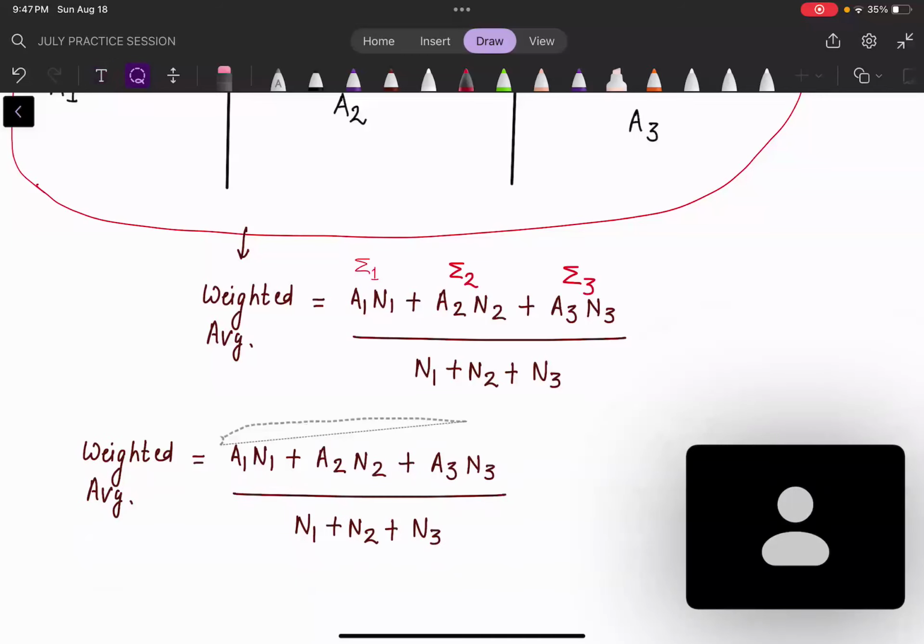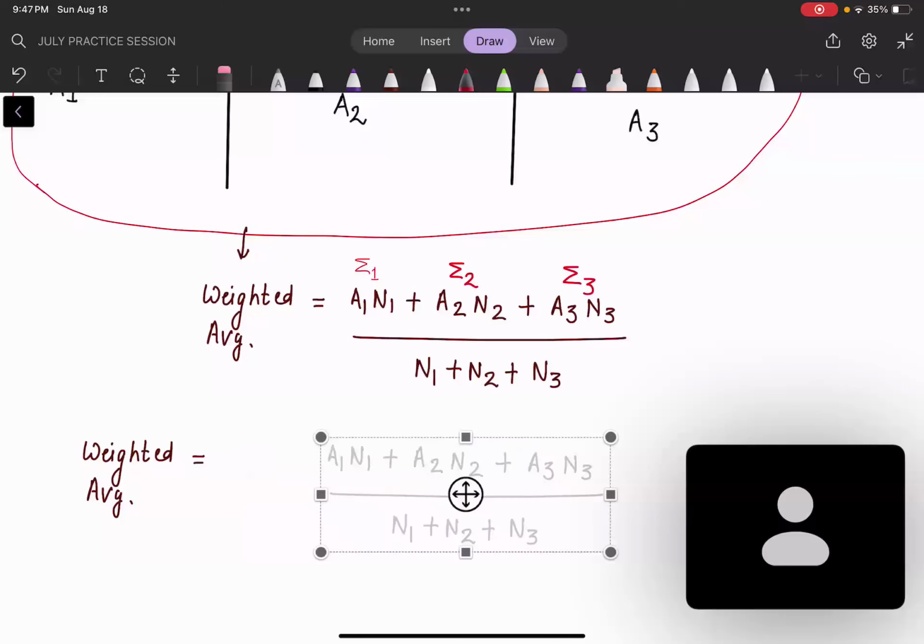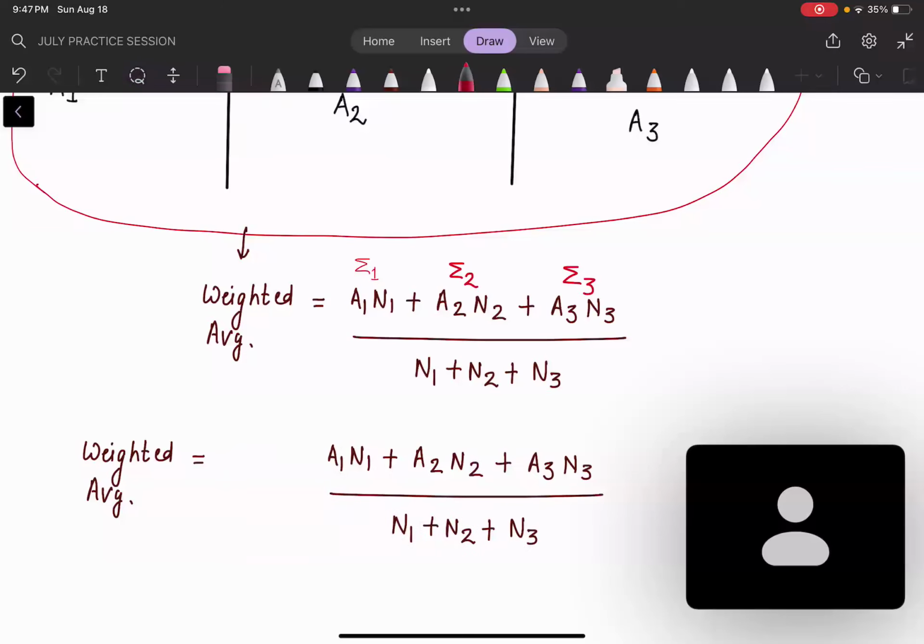So what we will do is apply the deviation method. Okay, so how will the deviation method be applied? Carefully see. We will choose A1, A2, and A3. These 3 values we will observe, and after the observation, one value I will choose by myself.